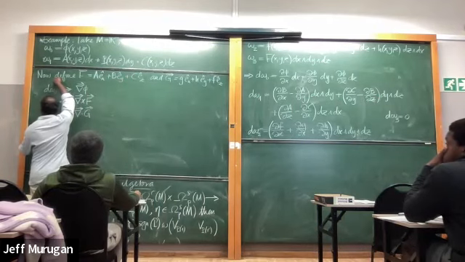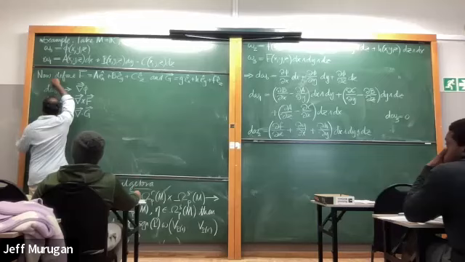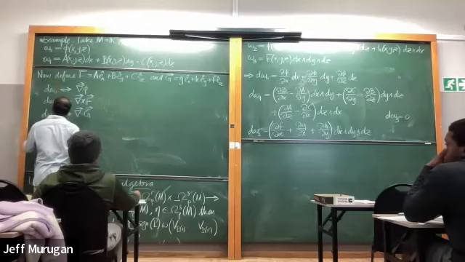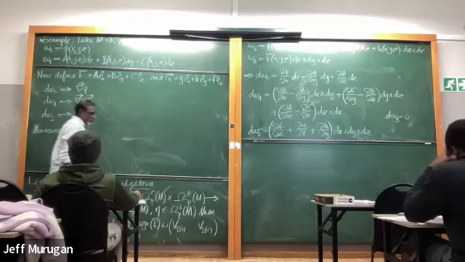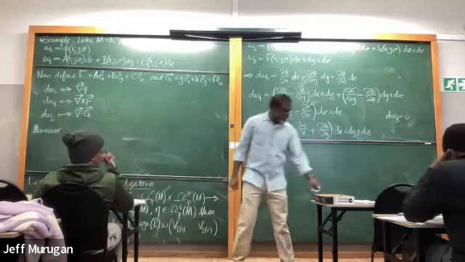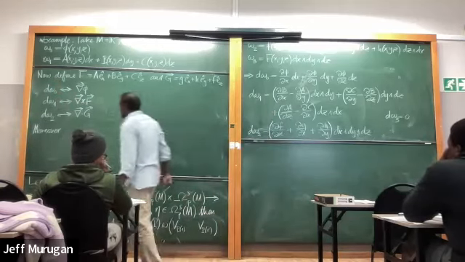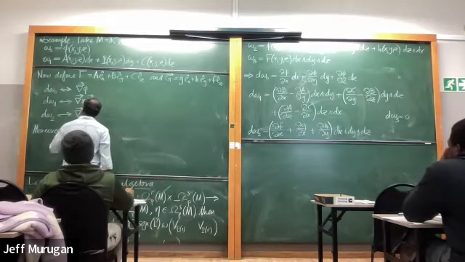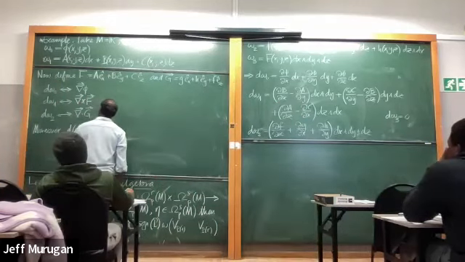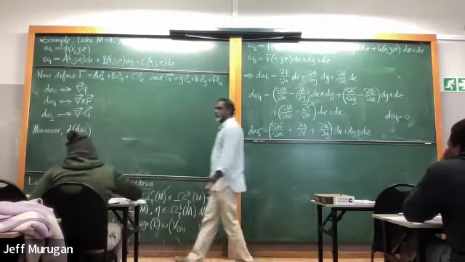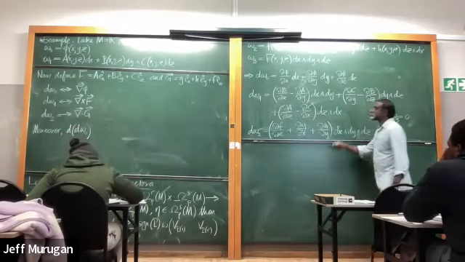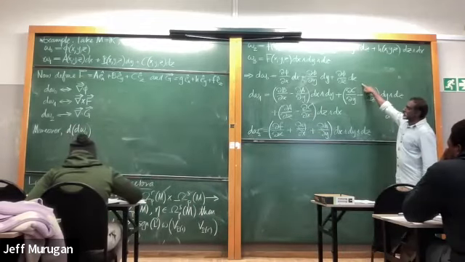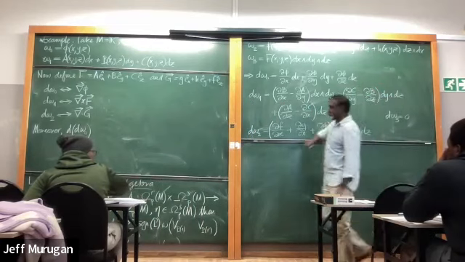For example, if I go d of d omega naught, d omega naught is this guy here. So let's take one more derivative.